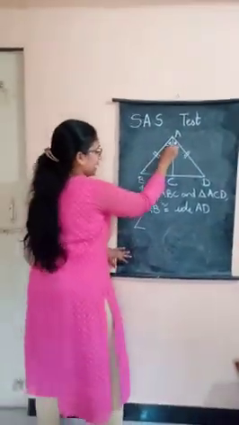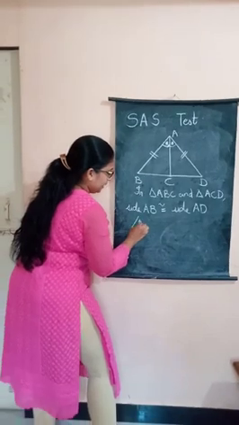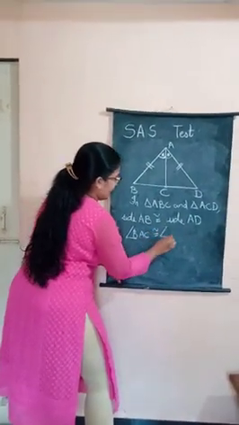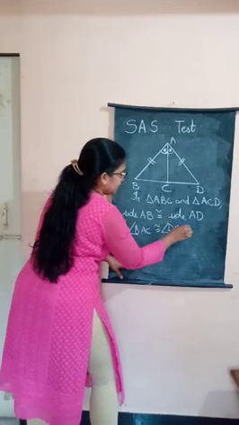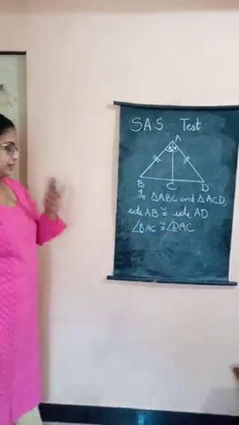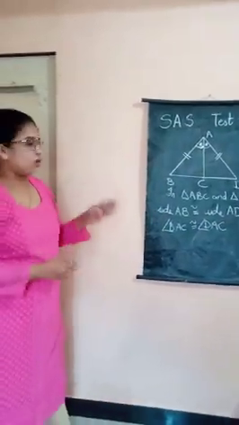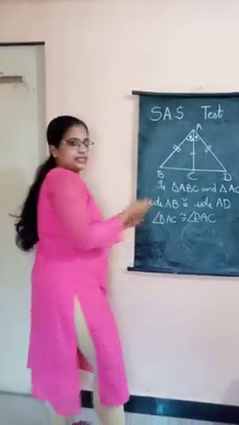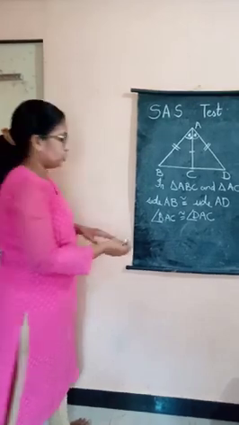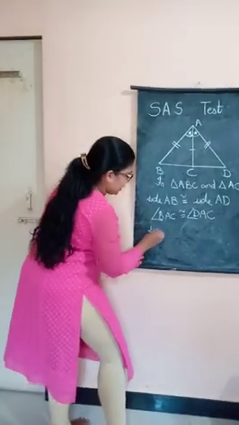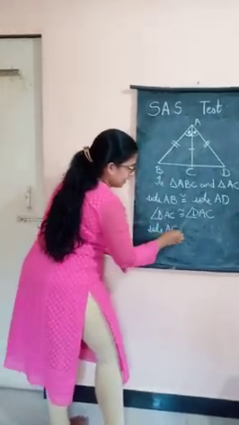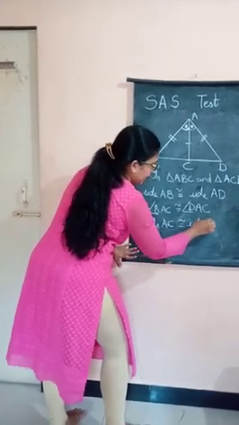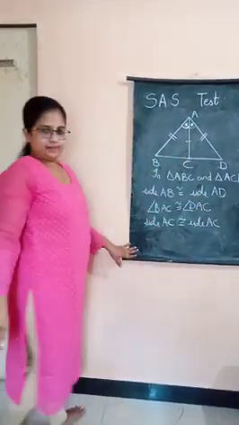So the name of this angle would be BAC, which is congruent to angle DAC. And the third side which is congruent over here is the side AC, which is common to both the triangles. So you can say side AC is congruent to the side AC of this triangle.